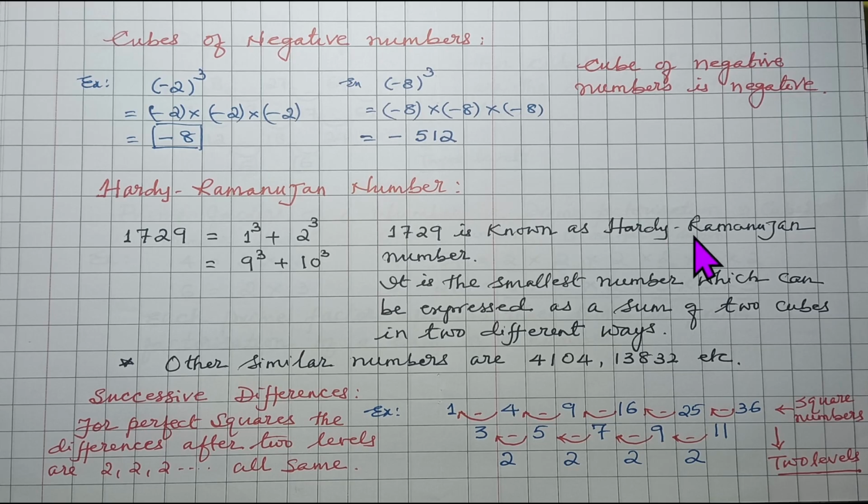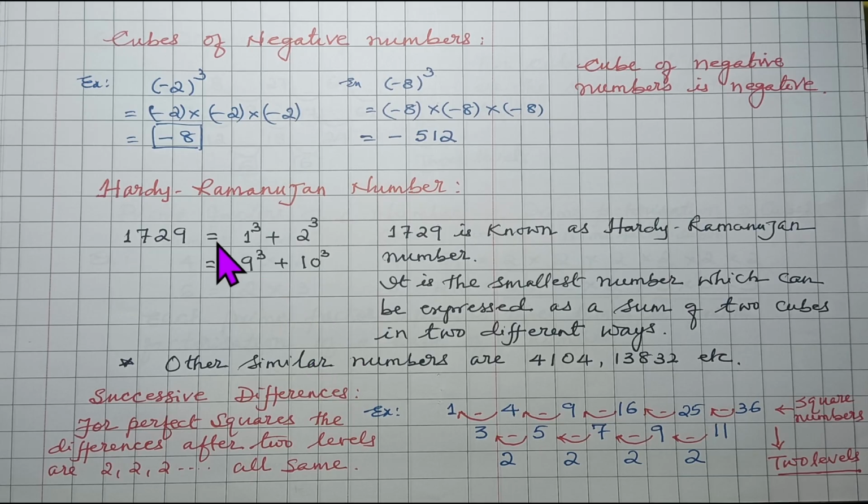So 1729 is known as the Hardy Ramanujan number. It is the smallest number which can be expressed as a sum of 2 cubes in 2 different ways. So remember that it's a very famous number because of its important and interesting features.